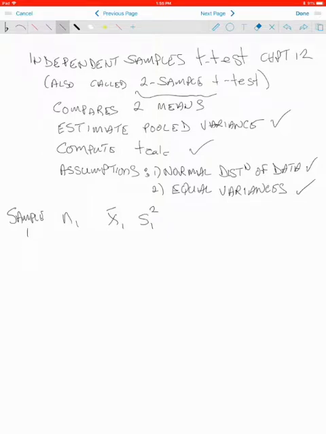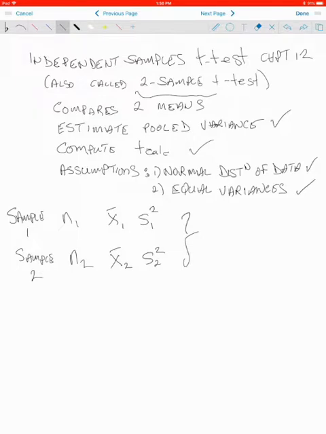For sample 2, we'll get the same kind of information. Sample 2 can have a different sample size. We'll call it n2. We'll estimate the mean, and we'll estimate the variance. These are really summary statistics that we might calculate in any case once we get hold of some numerical data. Again, this applies to numerical data; we're comparing means.